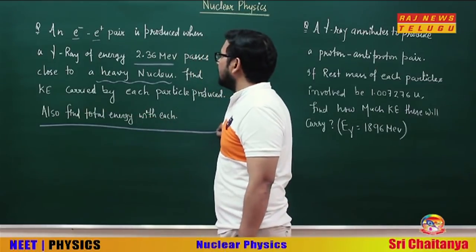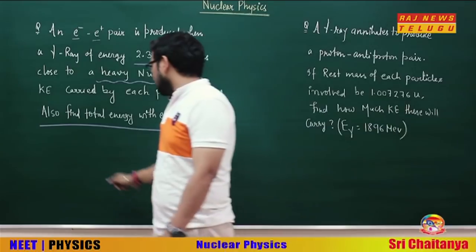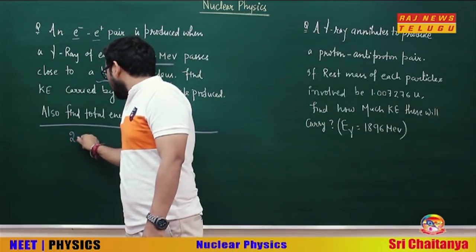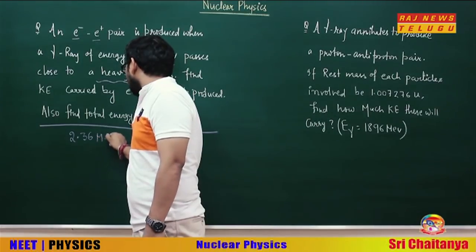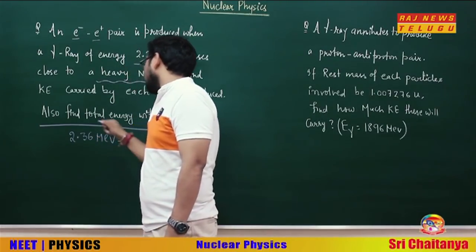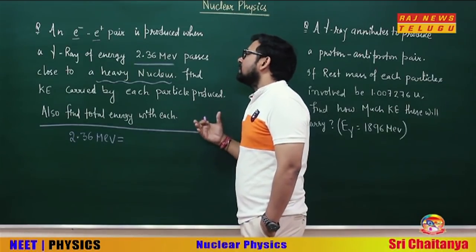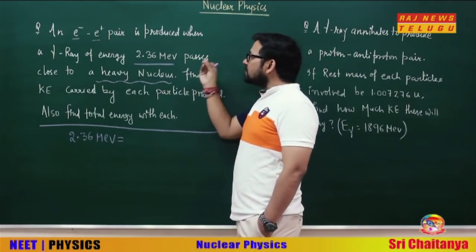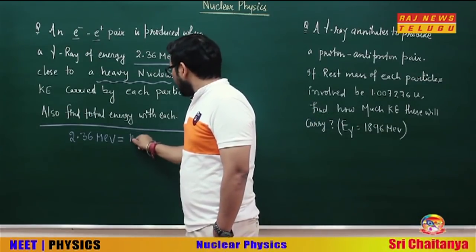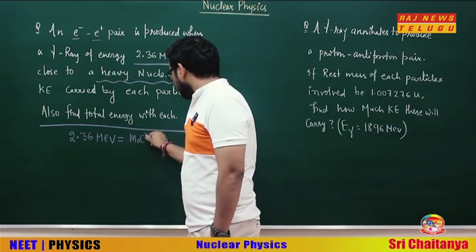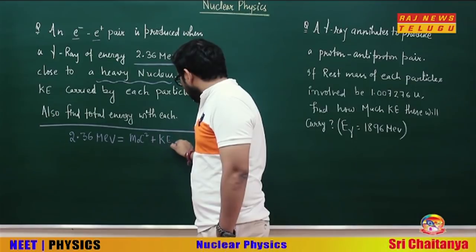See, what is the energy of the gamma ray, the photon? The energy is 2.36 mega electron volt. Fine. Now this energy of gamma is producing an electron-positron pair. So first m naught c square plus kinetic energy of electron.